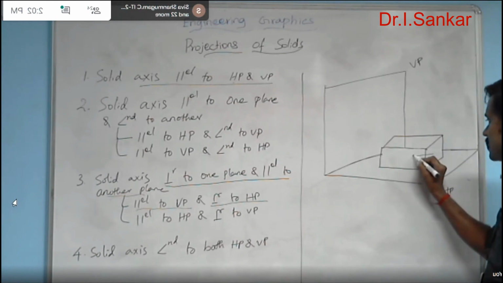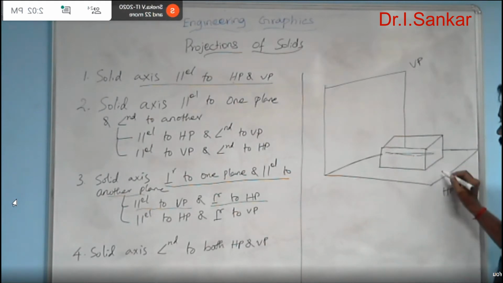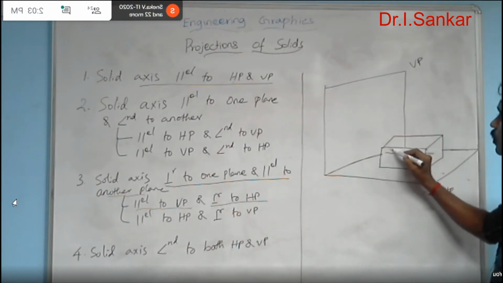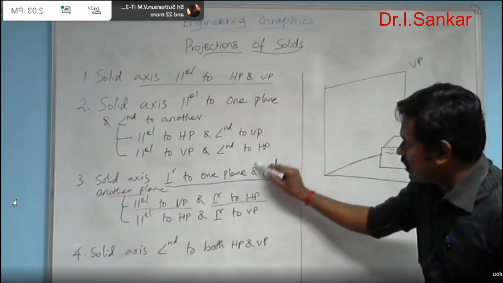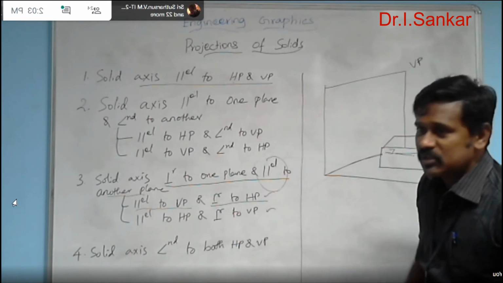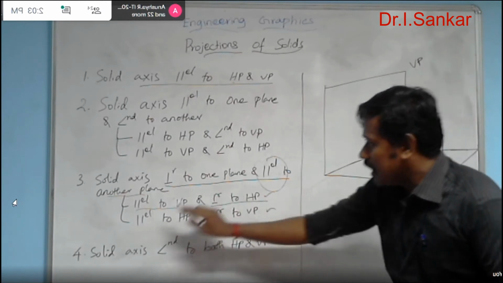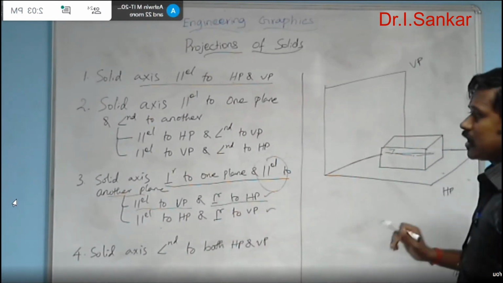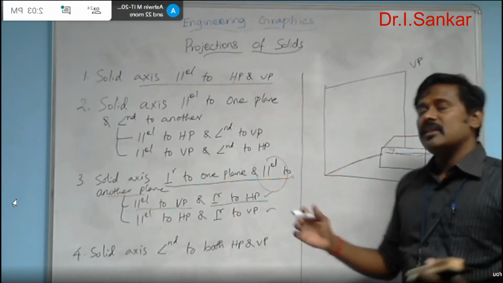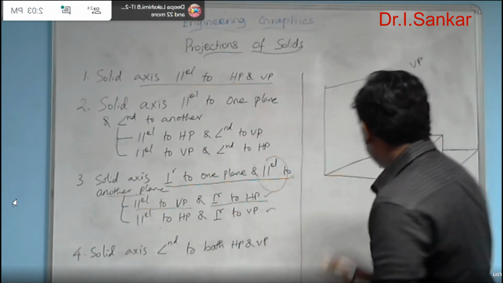The axis of the solid is now parallel to HP and perpendicular to VP. This condition is also coming under the same category. These two categories we just discussed, axis parallel to VP and perpendicular to HP, parallel to HP and perpendicular to VP, both are coming under the same category. Axis parallel to one plane and perpendicular to another plane.